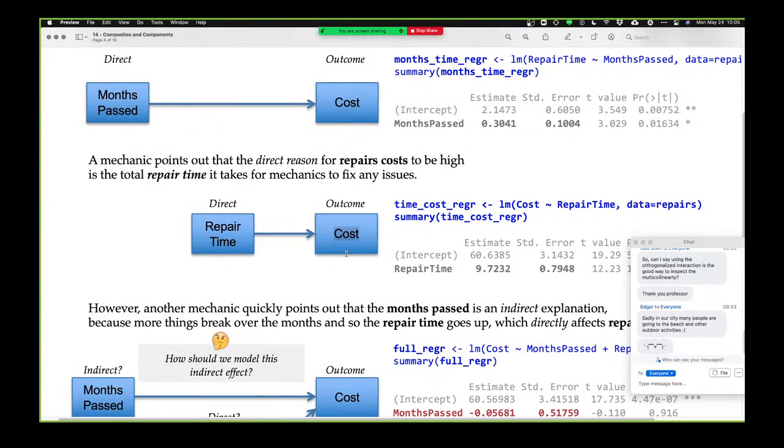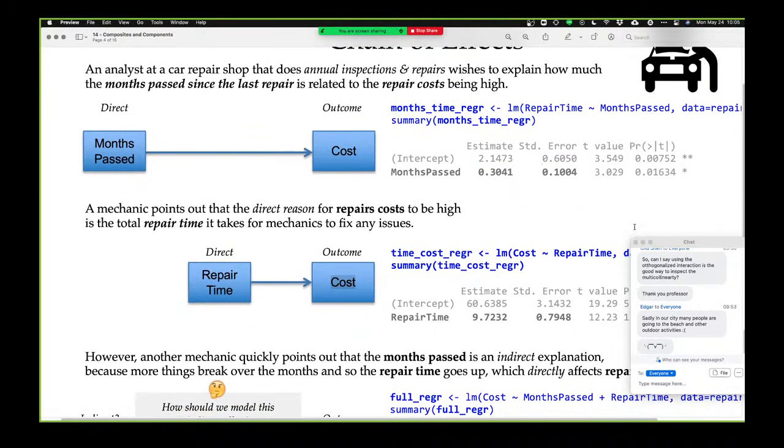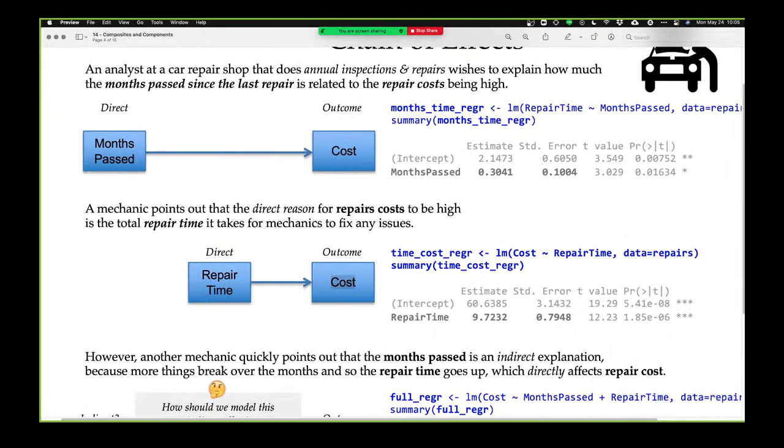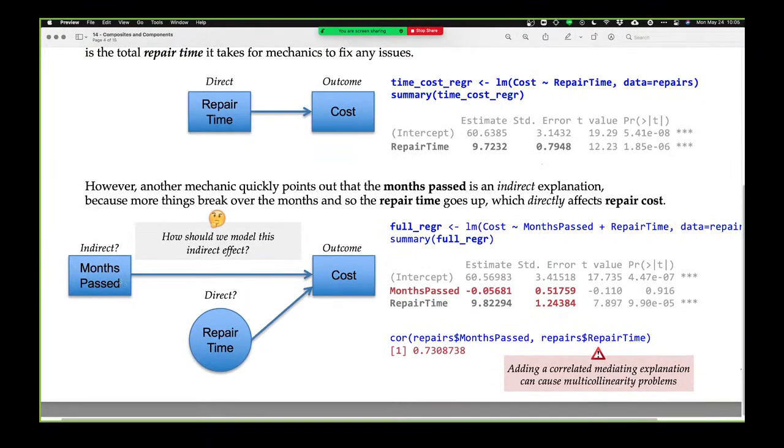All right. Now, the analyst is having a little bit of a problem. There's months that have passed. There's the repair time that's also affecting costs. Which variable should I use to explain what's happening here? A tempting way of solving this problem is to have both variables in the picture and to say that, well, the number of months that have passed and the repair time are both important.